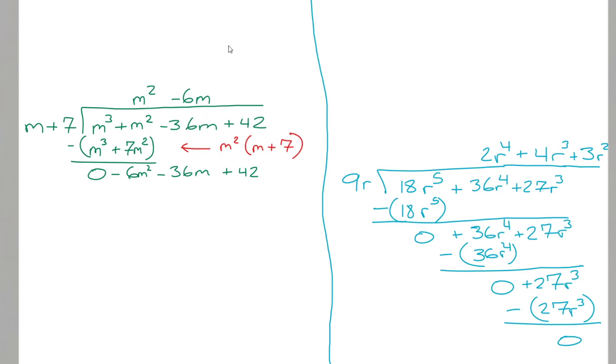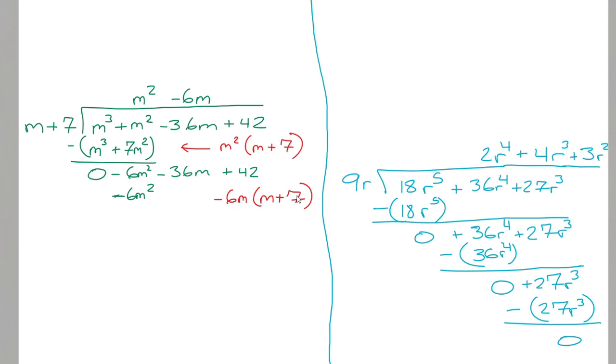So now we're going to multiply, and again, to show you what I'm doing, I'm going to take this term right here, this negative 6m, and multiply it by m plus 7. So negative 6m times m is negative 6m squared.